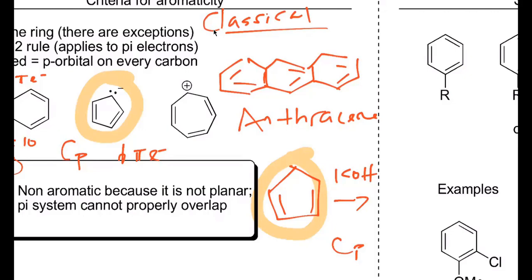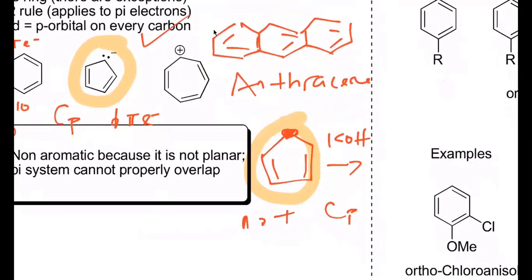It's not. It doesn't have a p orbital on every carbon. There's no p orbital on this carbon right here. So the starting material is just cyclopentadiene, and it is not aromatic. But if you do a proton transfer with a strong base, you can make it aromatic.